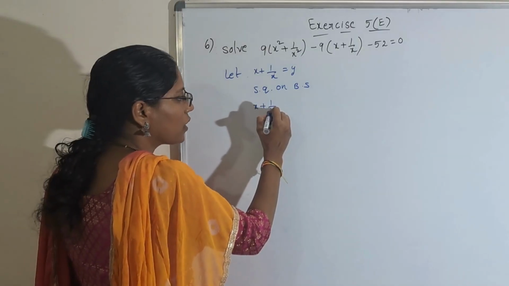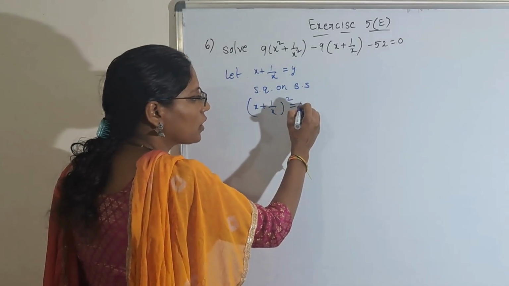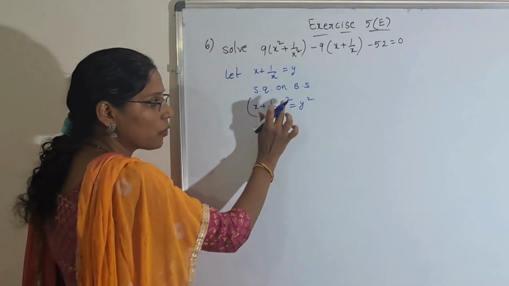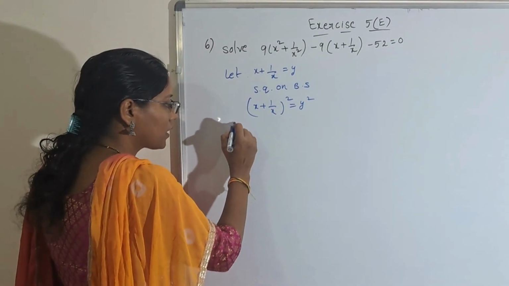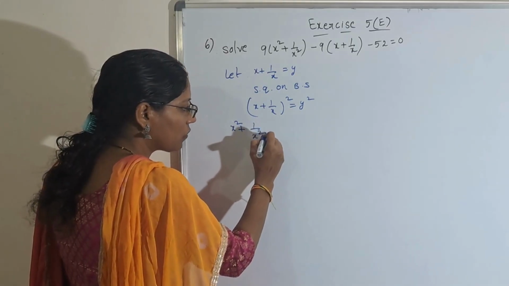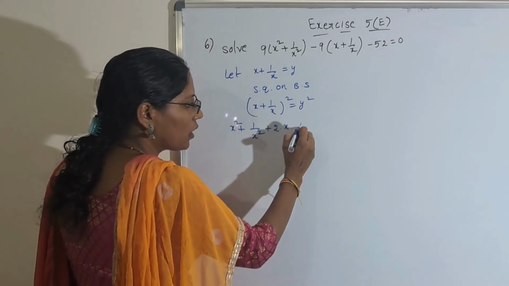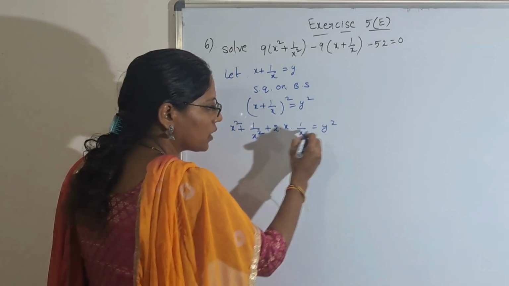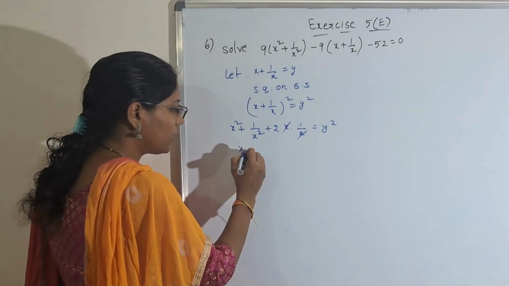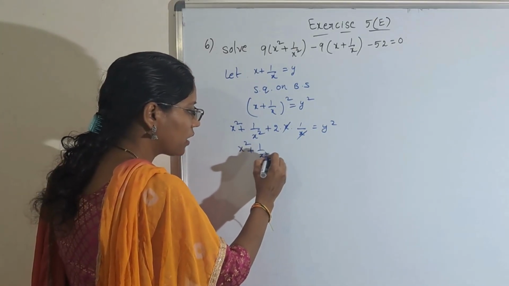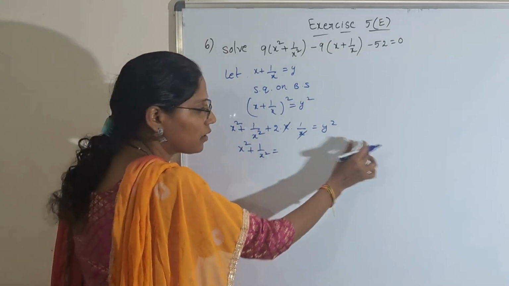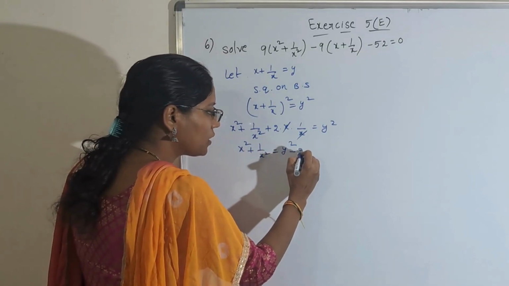Here (x plus 1 by x) whole square is equal to y square. The (a plus b) whole square formula we have to apply. x square plus 1 by x square plus 2 into x into 1 by x equal to y square. x cancels. Remaining x square plus 1 by x square equal to, plus 2 we have to send to the right side, y square minus 2.